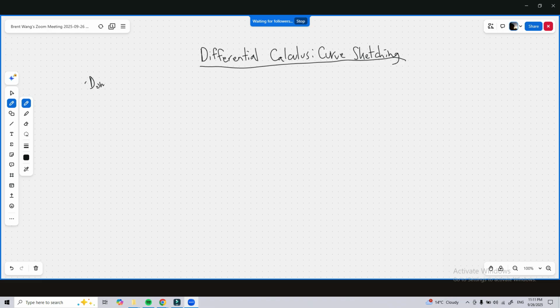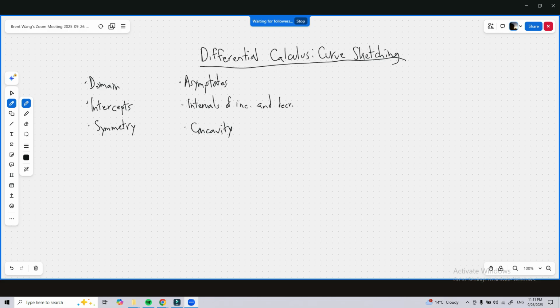Domain, intercepts, symmetry, asymptotes, intervals of increase and decrease, and lastly is intervals of concavity.